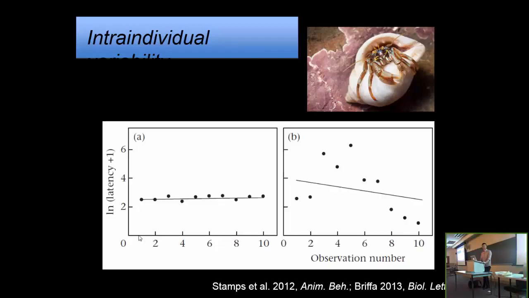To see the differences in intra-individual variability, we can look at these two individuals, where you look at the average level of this, latency to reemerge after they're turned over, a measure of boldness in this species. You can see that the individual on the left behaves very near that mean value over all those observations. They've taken 10 measurements on these individuals, whereas the individual on the right fluctuates widely.